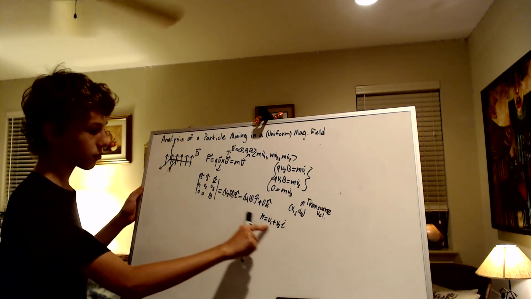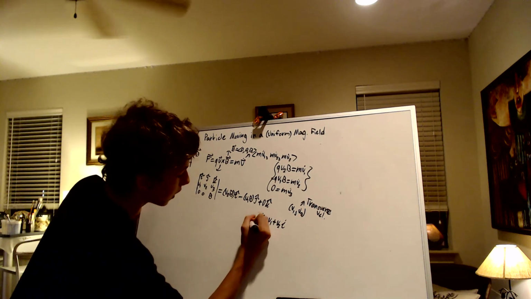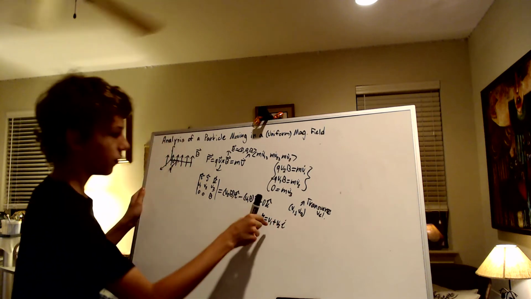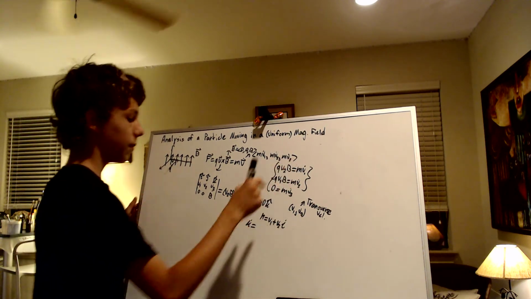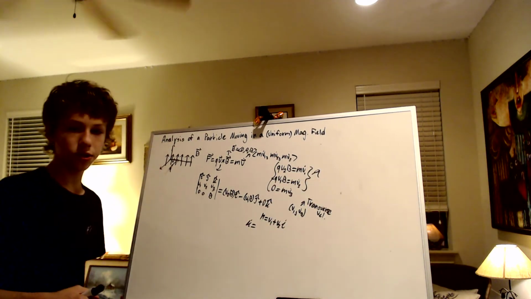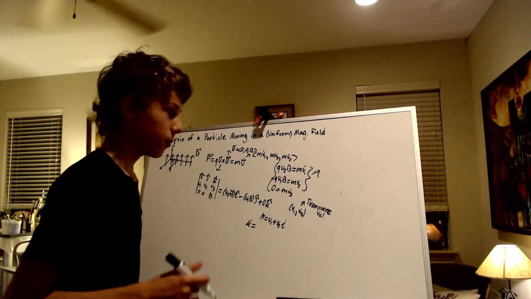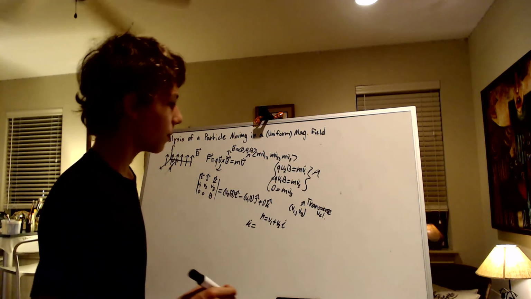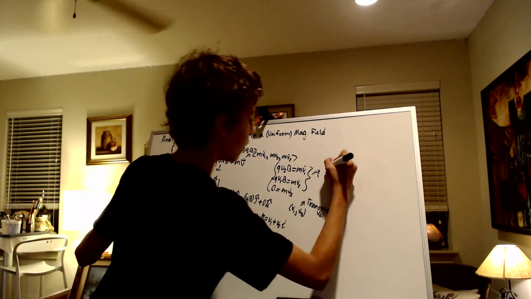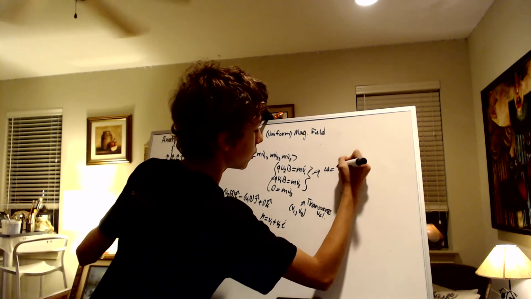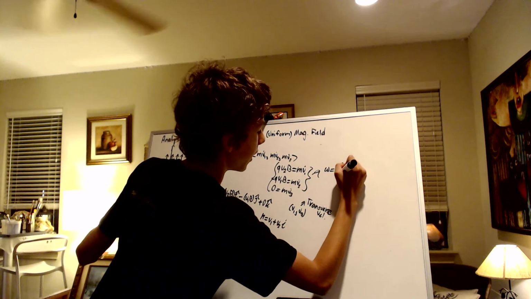Now if we take the derivative of this, we have that eta dot is equal to, well, before I continue, I'm going to define a parameter which will really simplify these equations. That parameter is lowercase omega equals qb over m.